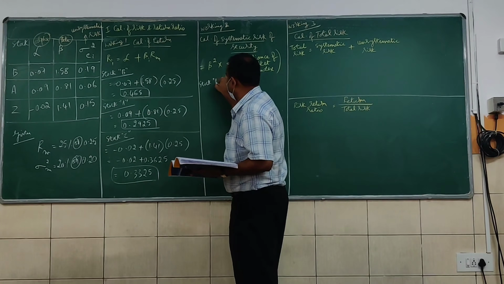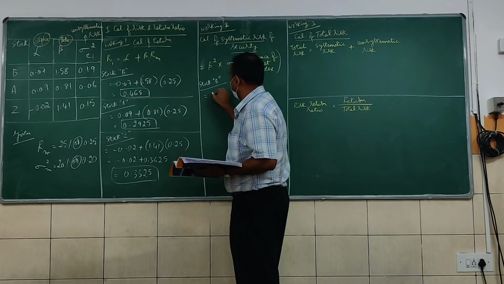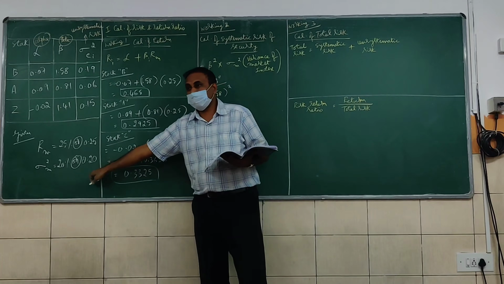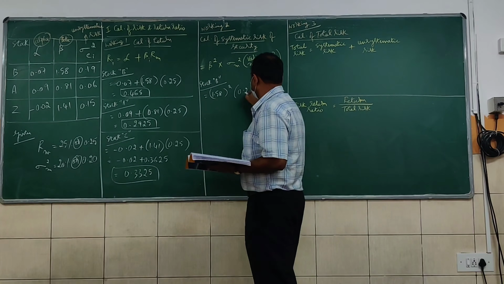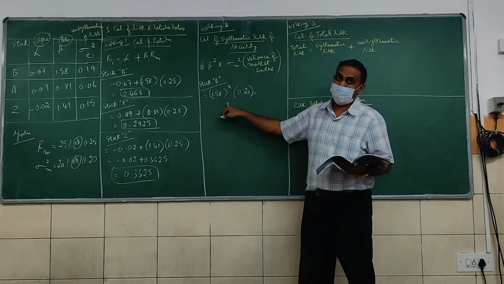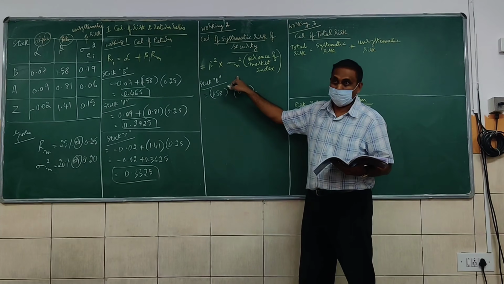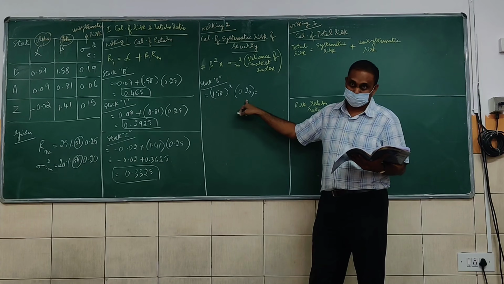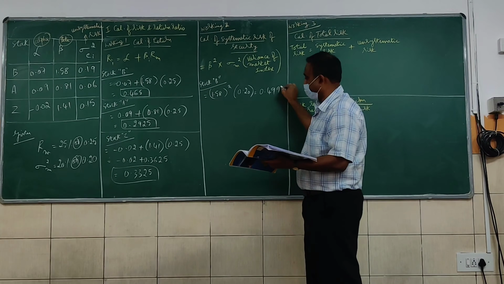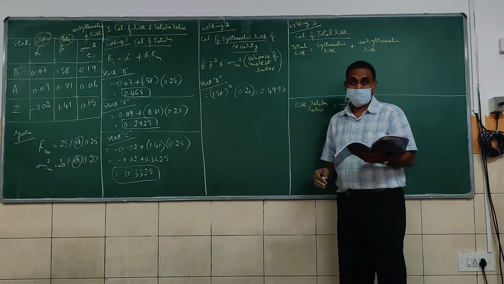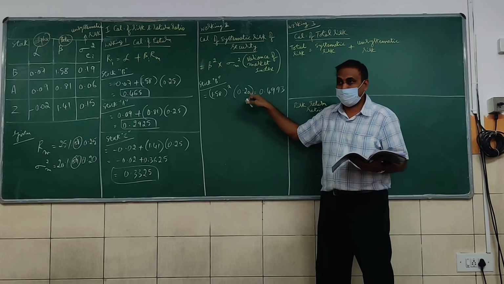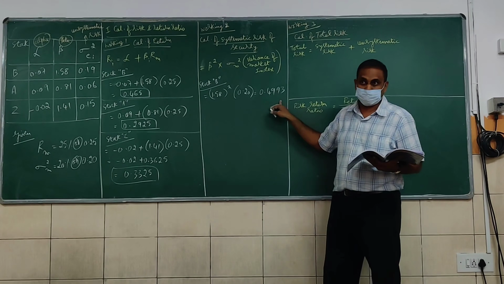First for stock B, 1.58 squared multiplied by the variance of the market, 0.20. First 1.58 into 1.58, then multiply by 0.2. First the square, then whatever value you get, multiply with this value, and you will get this one.